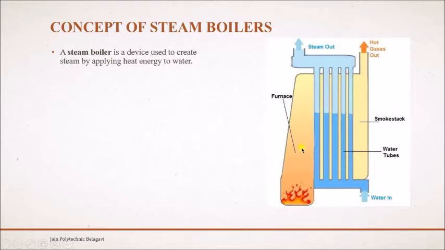It absorbs heat coming out from the burning of coal, and that heat converts the water into steam, and the steam that is formed on the surface of the water inside the tubes will be taken out for further application. So this is normally a simple working example of a boiler.